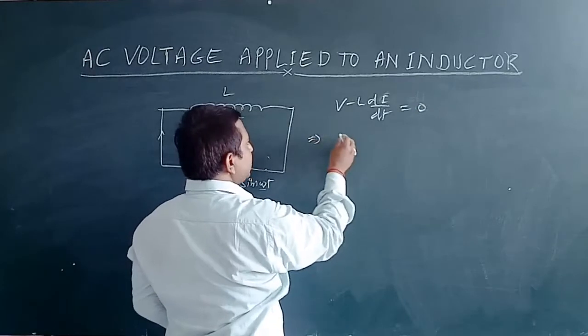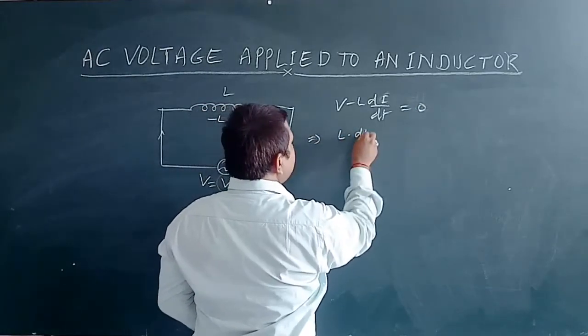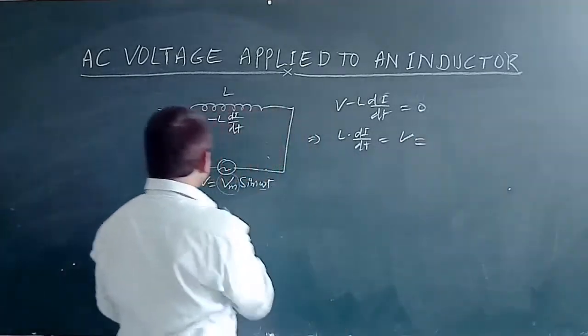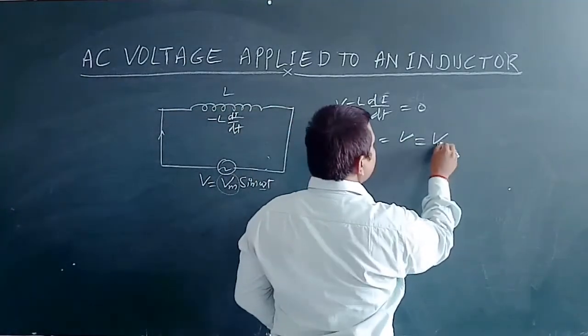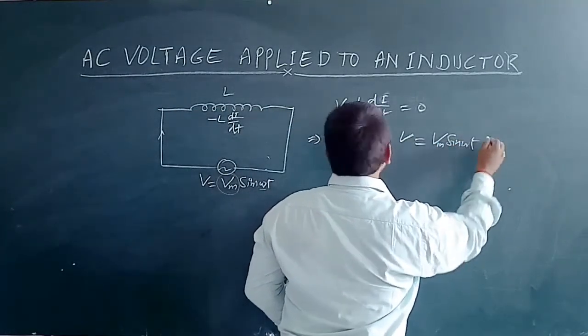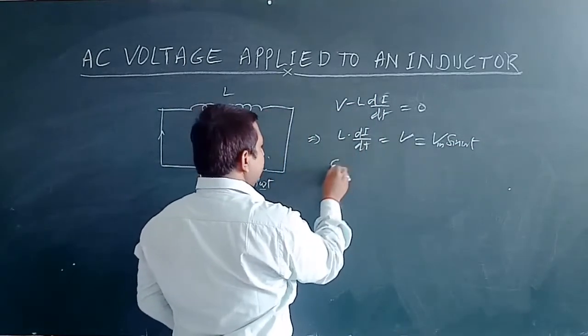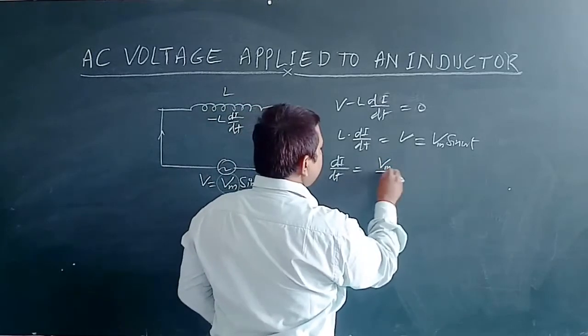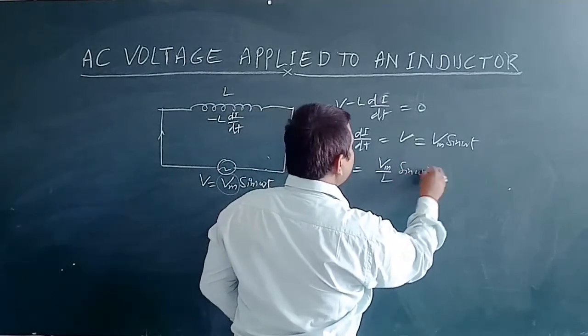So from here we get L di by dt is equal to V. If we put the value of V as Vm sin omega t, then we get di by dt is equal to Vm by L sin omega t.